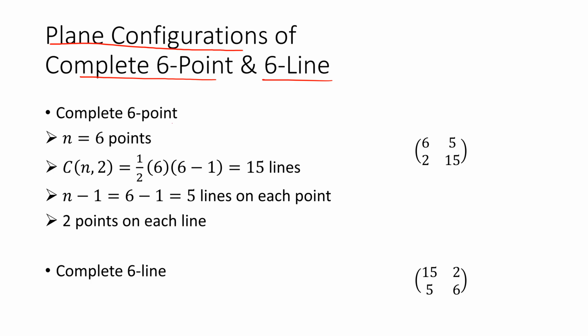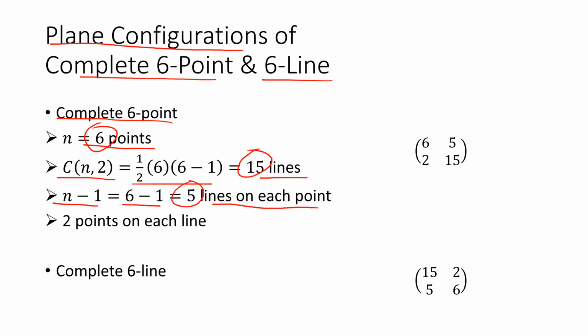For a complete 6-point, we have 6 points. For the number of lines, we have the combination of 6 points taken 2 at a time. So that's 1/2 times 6 times 6 minus 1, and that is equal to 15. For the number of lines on each point, we have n minus 1, so that is 6 minus 1, which is equal to 5.